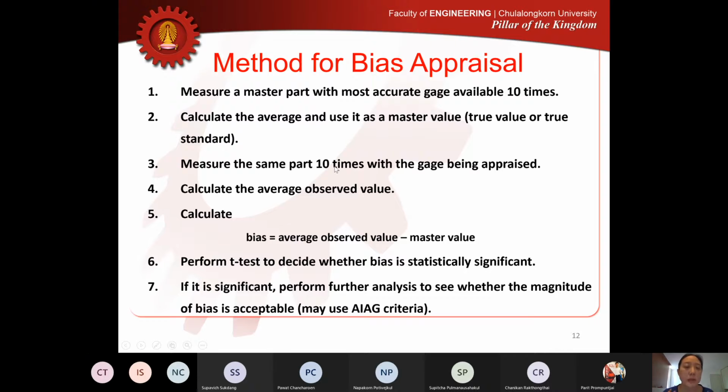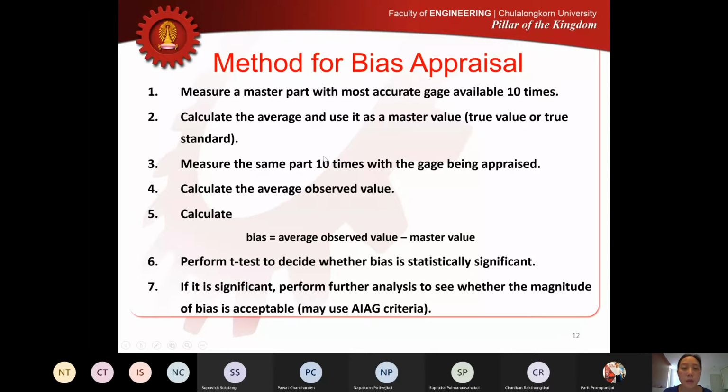So 10 times is called replication in this case. We measure the same part 10 times, 10 replications, and then we calculate the average of the 10 observed values that we have.